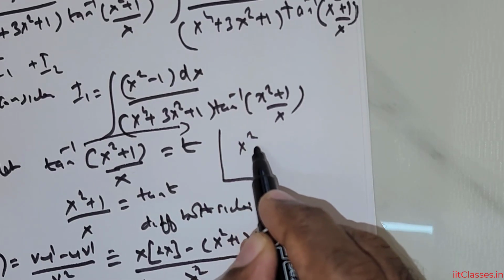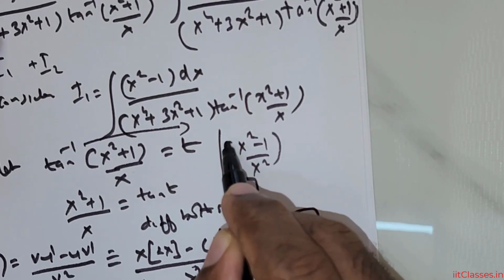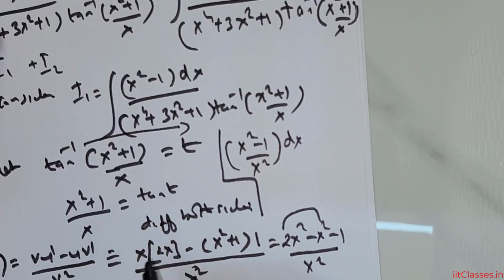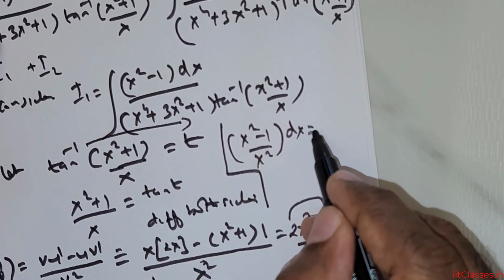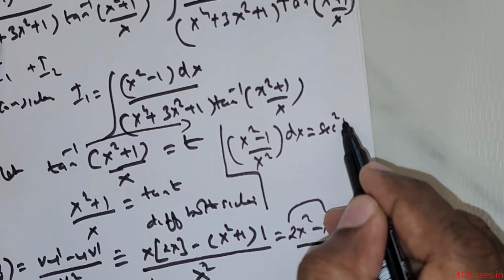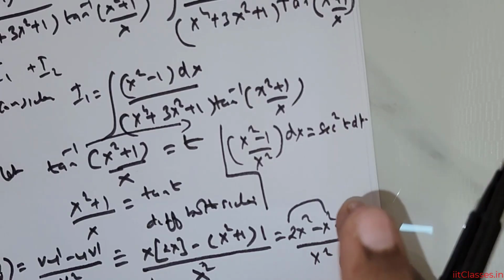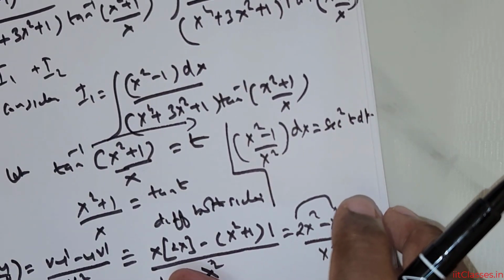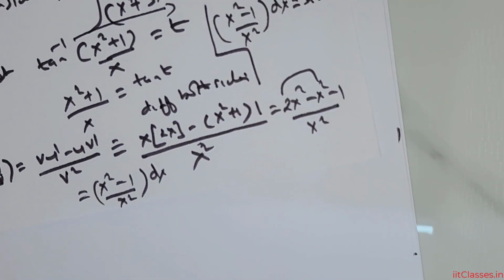So let me write that down: (x squared minus 1) divided by x squared times dx is the differentiation of this. Now the differentiation of tan t is secant squared t times dt. So I will go to the next page.